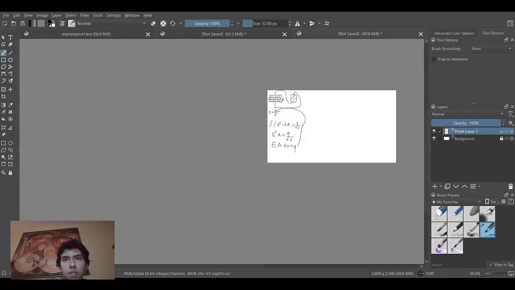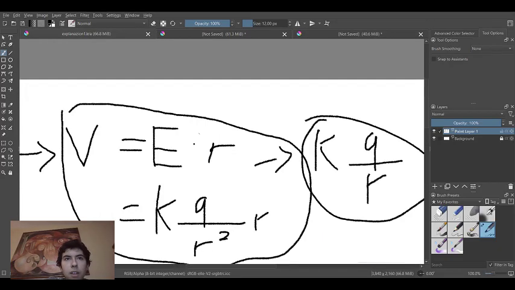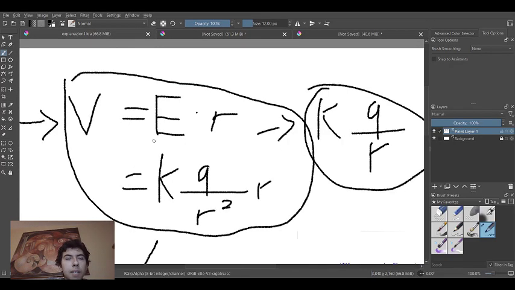Now for the voltage. As we saw previously, the voltage can be calculated by multiplying the electric field times the distance.